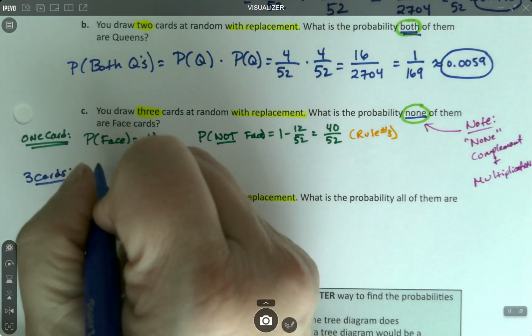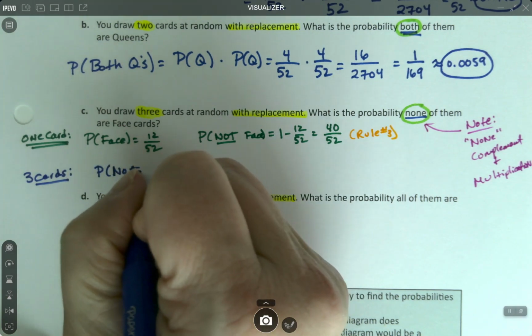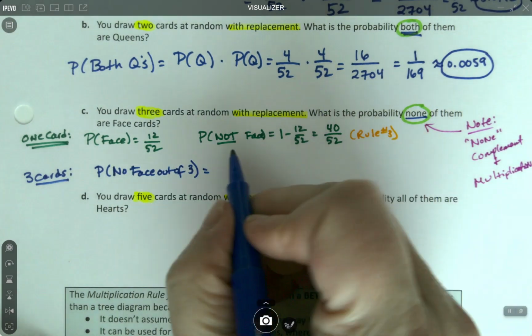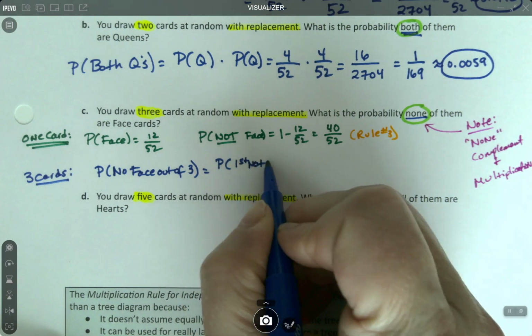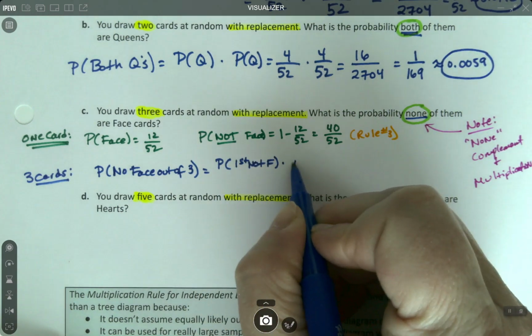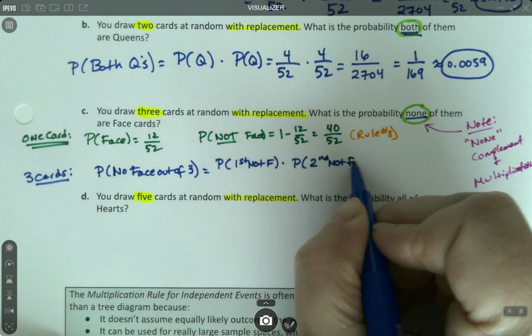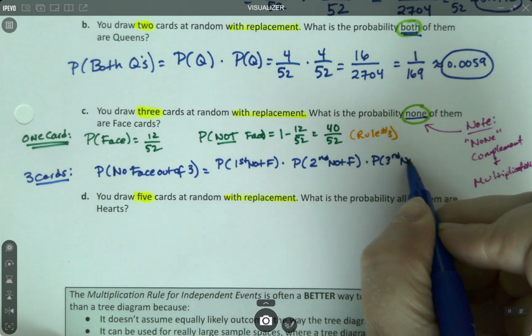Okay, for 3 cards, I want the probability of no face cards out of 3. So that means I want the probability the first card is not a face times the probability that the second card is not a face times the probability the third card is not a face.